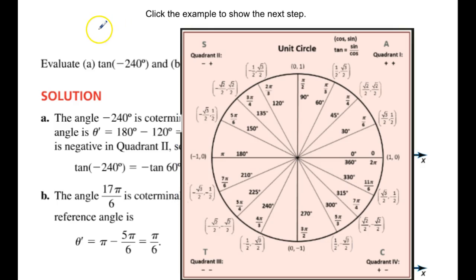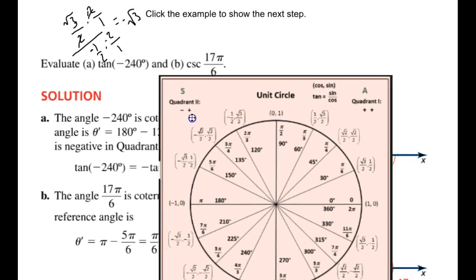So my sine was square root of 3 over 2, and my cosine was a negative 1/2. So now to simplify this, I multiply both the numerator and the denominator by a negative 2 over 1. So these can cancel out, so this equals a negative square root of 3, which is the same thing I got here. So I can use my unit circle and this information that cosine is my x, sine is my y, and tangent equals sine over cosine to help me figure out exactly what I'm looking at.